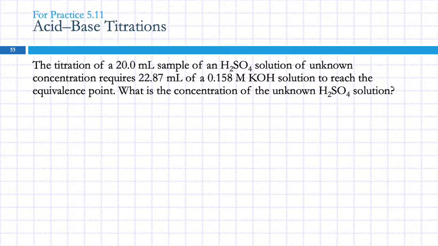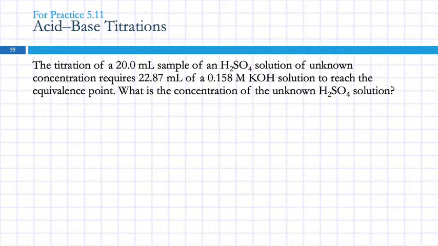So what do we usually have when we do stoichiometry? We usually have a chemical equation, right? They didn't give us one here. We need to write one anyway, because the stoichiometry is very important. Sometimes it's 1-to-1, sometimes it's 1-to-2 or 1-to-3, and it's really important to know that. So the first thing we're going to do is write the chemical equation for this.